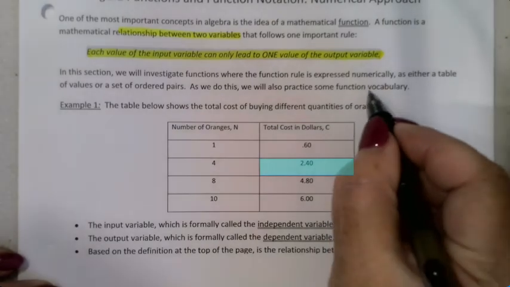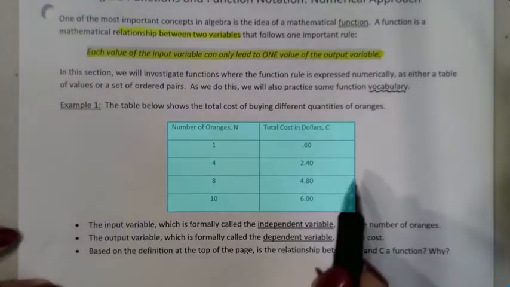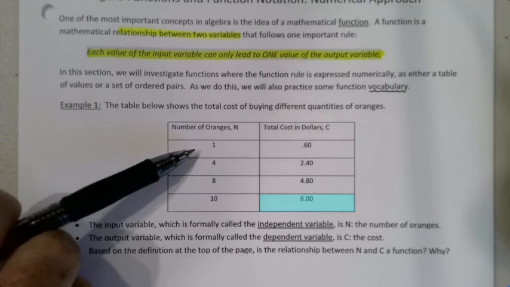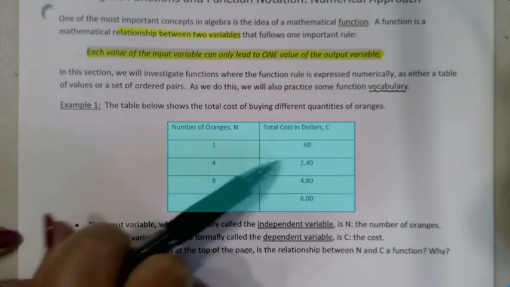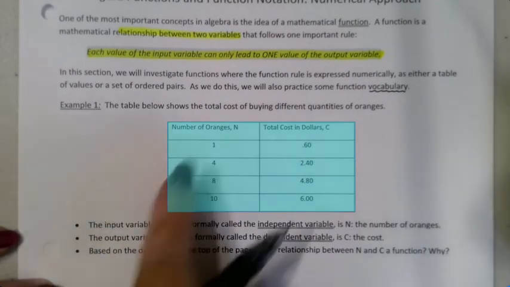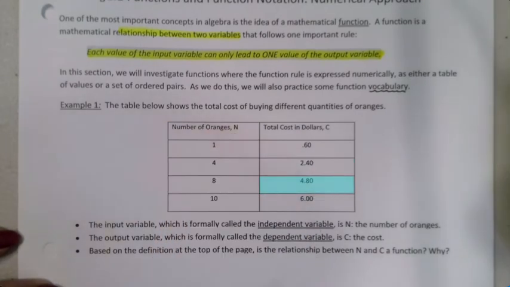By the way, we'll be looking at a little bit of vocabulary that's associated with functions as we go along here. All right, so in my table here, I have a table that shows if you are at the store buying oranges, the number of oranges you buy affects, of course, the price that you're going to pay, the total cost in dollars. The number of oranges, I'm using the letter N to represent.